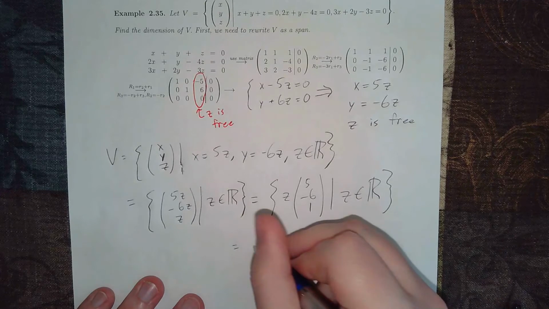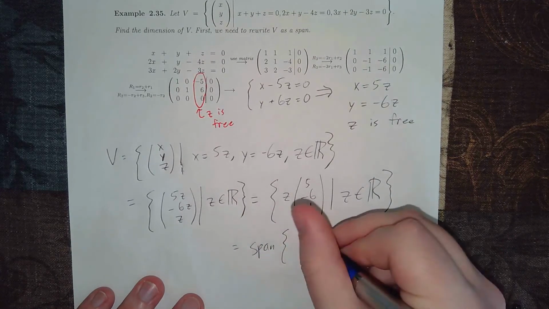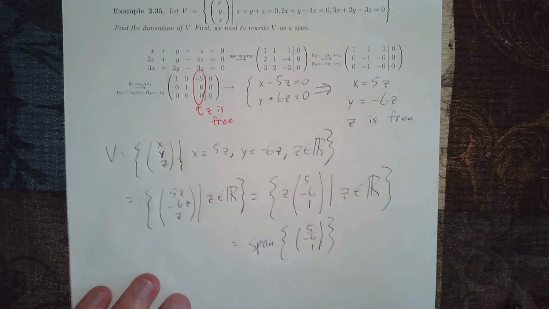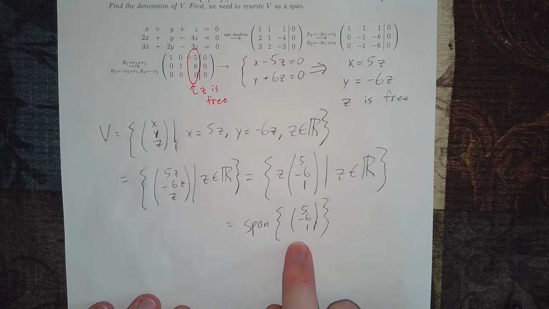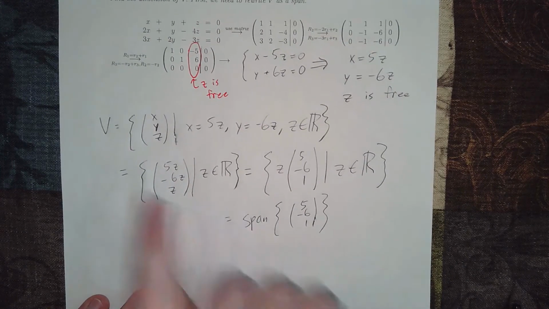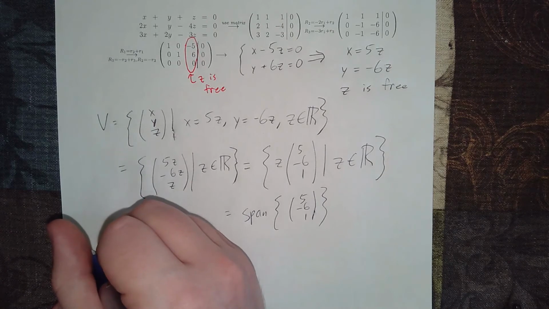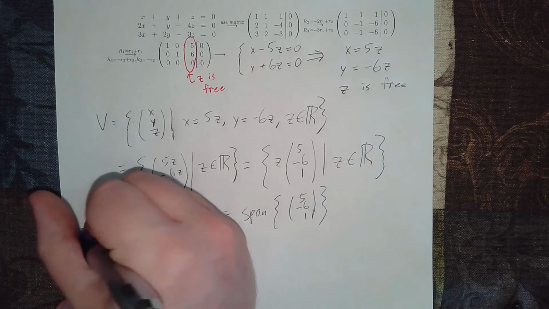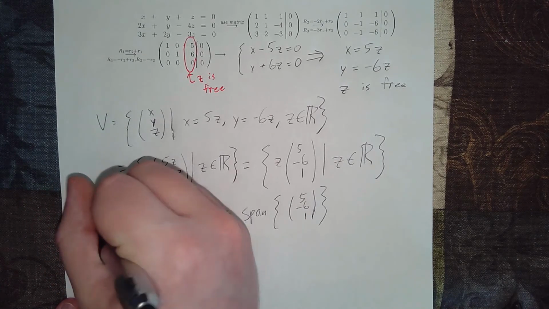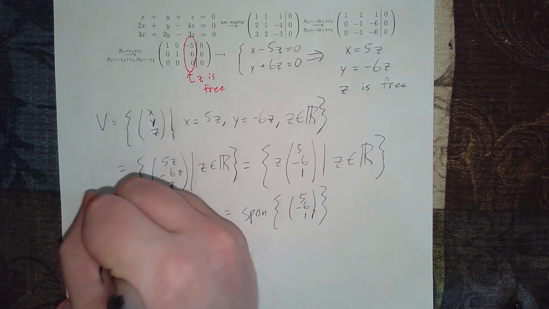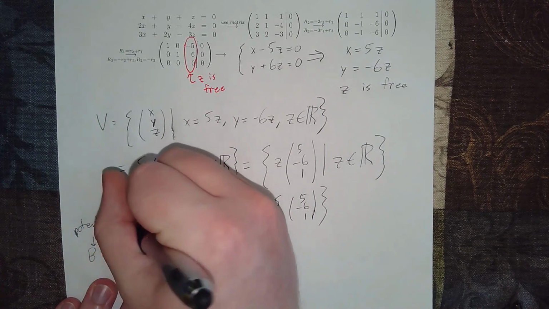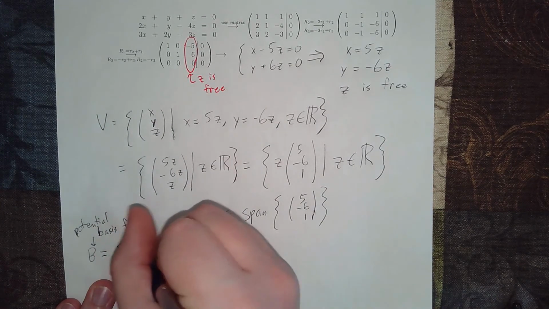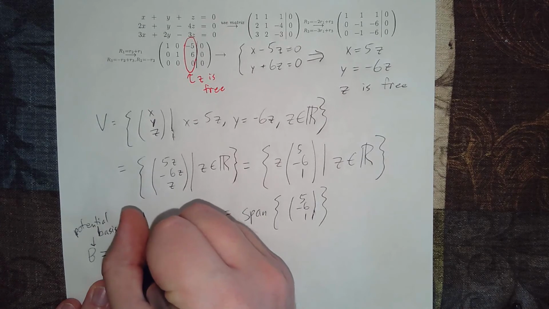And so that means that it is the span of [5, -6, 1]. So here we're saying that the set {[5, -6, 1]} is a spanning set for v. So then our B, our potential basis for v, is going to be the set containing the vector [5, -6, 1].